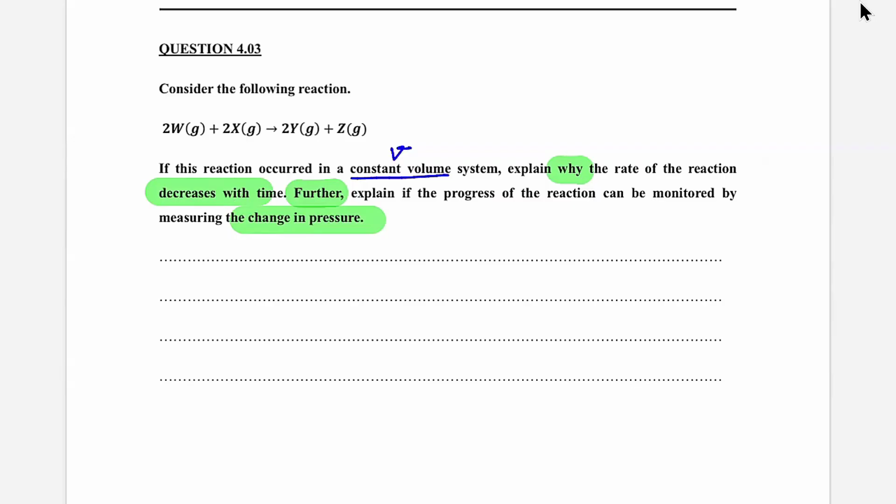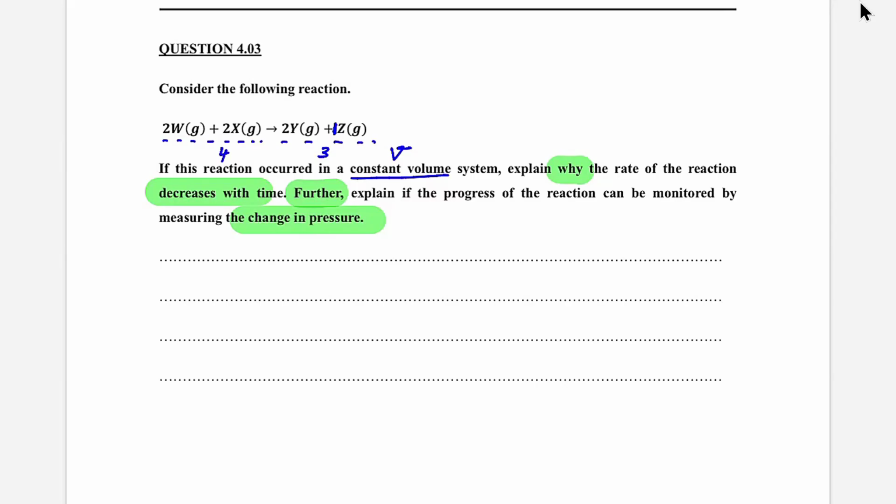Okay, look at this. Can you see, if you look into the left-hand side, how many moles are there in total? Right-hand side? So that means the number of moles is reducing.